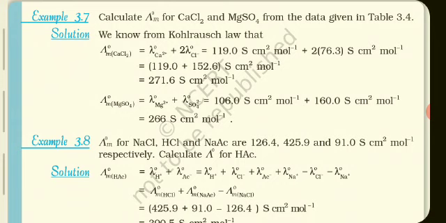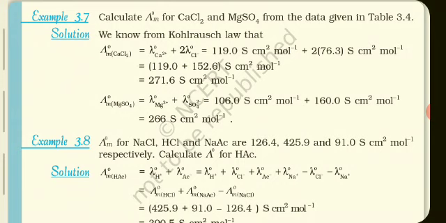So we know from Kohlrausch law that limiting molar conductivity lambda m0 for CaCl2, calcium chloride, will be given by conductivity due to calcium ion, Ca2+ ion, and it is 119, given in the table, and 2 Cl minus ions, because Cl minus ion has one negative charge and we have to neutralize two positive charges, so we have to take 2 Cl ions.